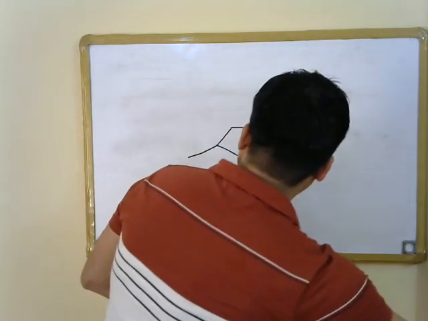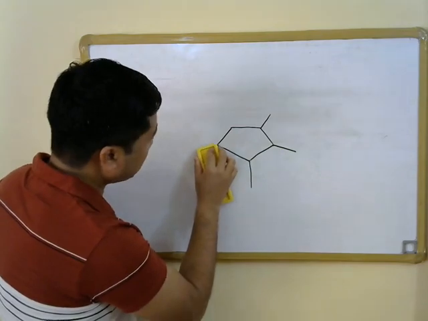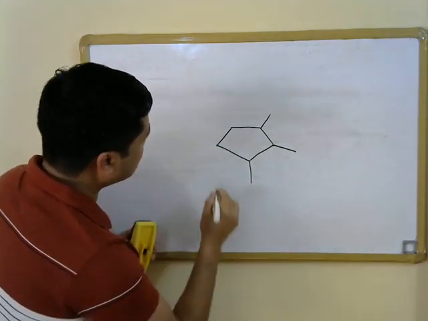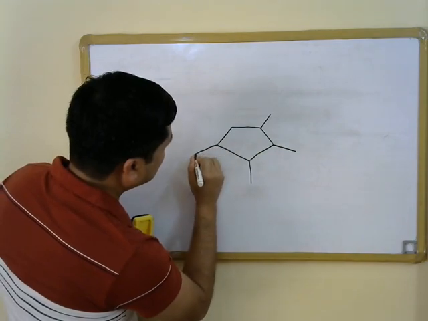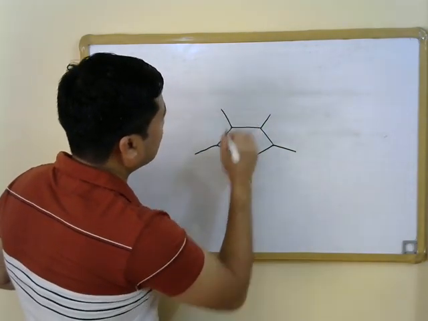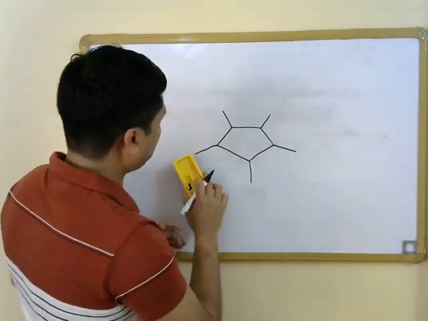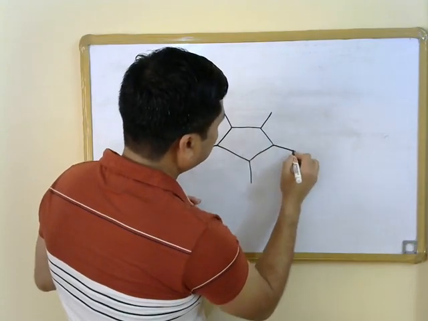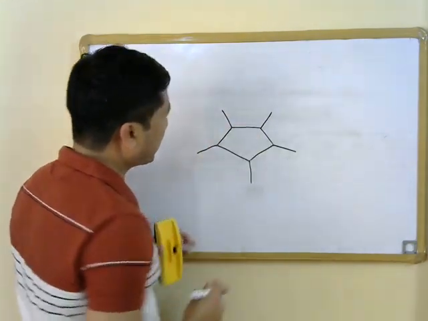Again, these lines should be straight and equal in length so that we have a good quality structure. We must ensure that these lines are equal and at 120 degrees.